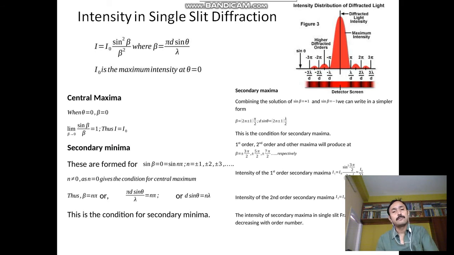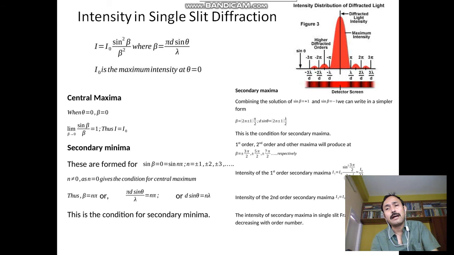Secondary maxima. Combining the solutions, sine beta is equal to plus 1 and sine beta is equal to minus 1. We can write a simpler form. Sine beta plus 1 means sine 90 degrees. That means n equal to 0 gives pi by 2, n equal to 1 gives 3 pi by 2, and so on.